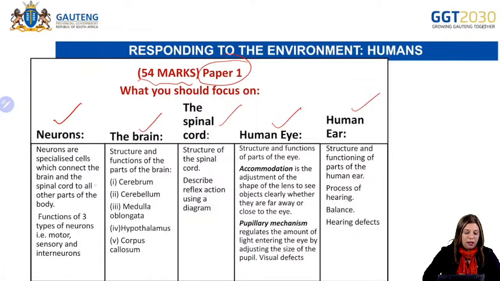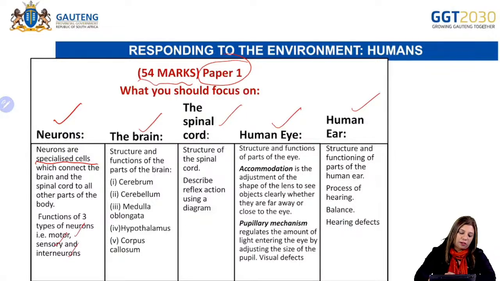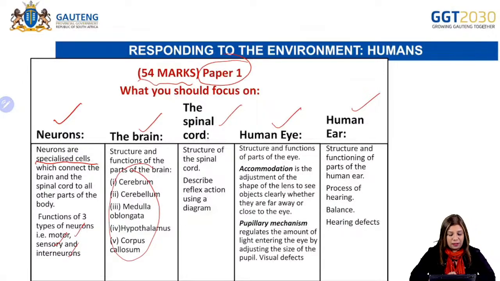The neurons, we're going to touch on the fact that they are specialized cells which connect the brain to the spinal cord and to all other parts of the body. The functions of the 3 types of neurons are the motor neuron, the sensory neuron, and the interneuron. And then we're going to touch on the different parts of the brain, as you can see there. We're also going to discuss a very important section called the spinal cord and the reflex action and how it works in the spinal cord.